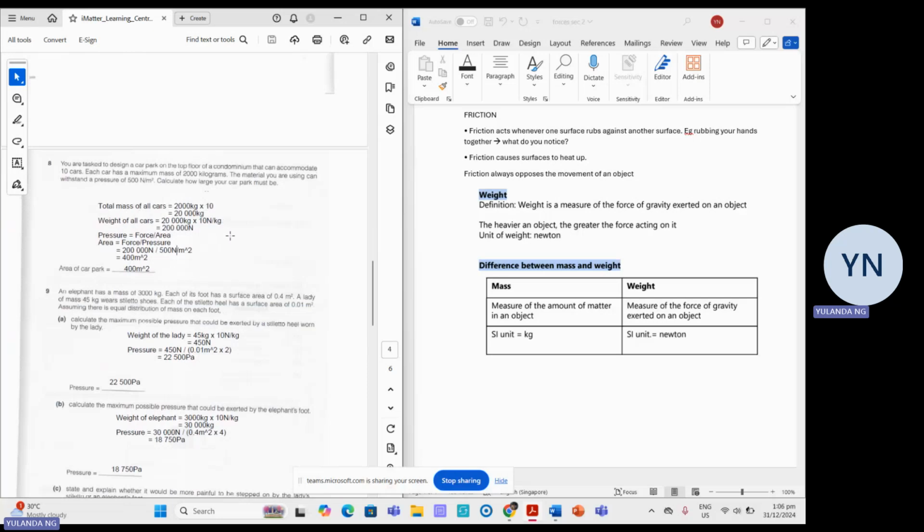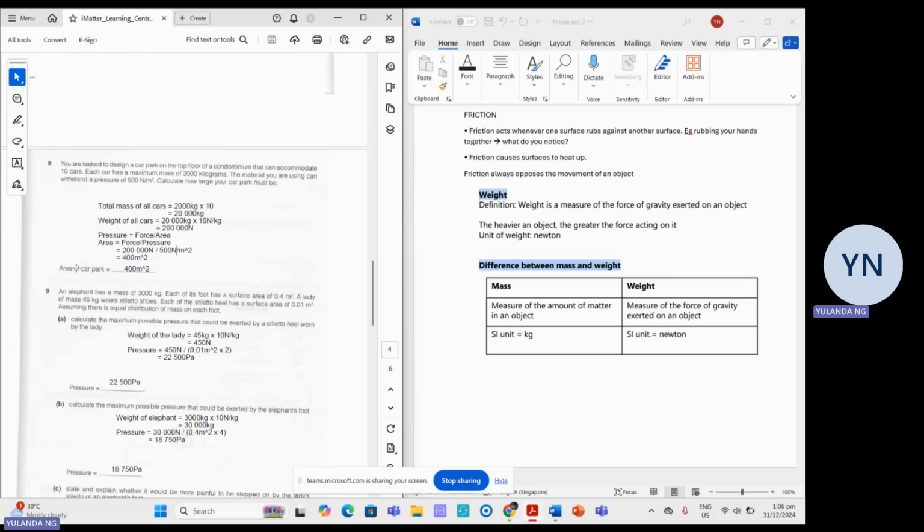Now how do you find the area? Using this formula, pressure equals force over area, you will take area equals force over pressure. When you calculate the force, which is the weight of all the cars, 200,000 newtons, divided by the pressure that they gave, which is 500 newtons per meter squared, your answer should be 400 meters squared.